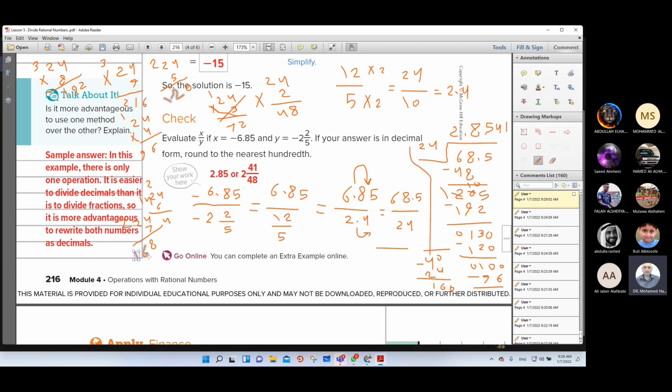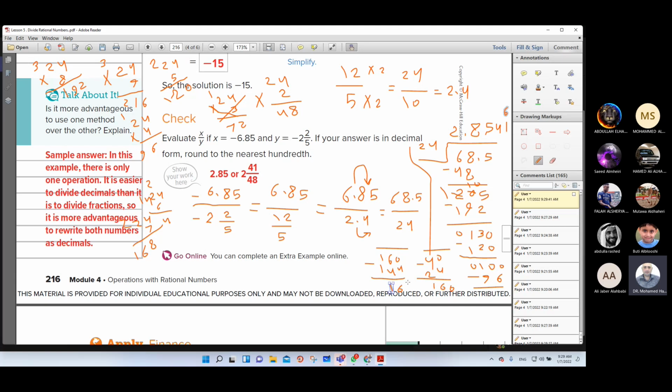So 168 is not suitable because we have here 160. So take 6. 6 times 24 gives 144. 10 minus 4 is 6, and 5 minus 4 is 1. You will get 16 again.